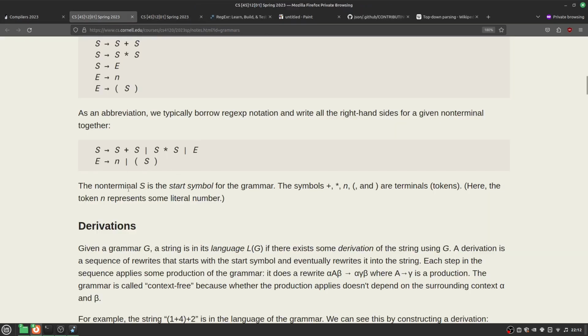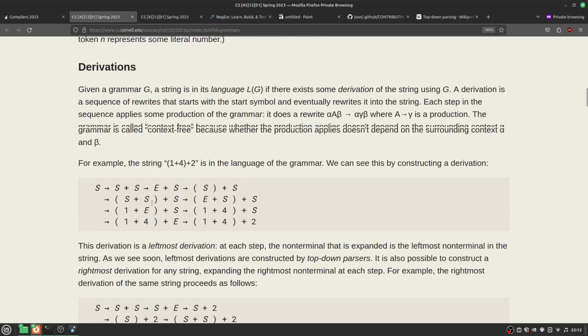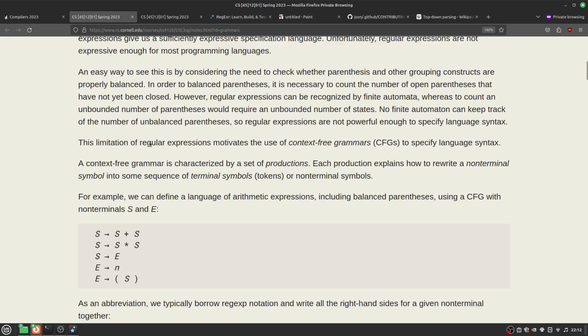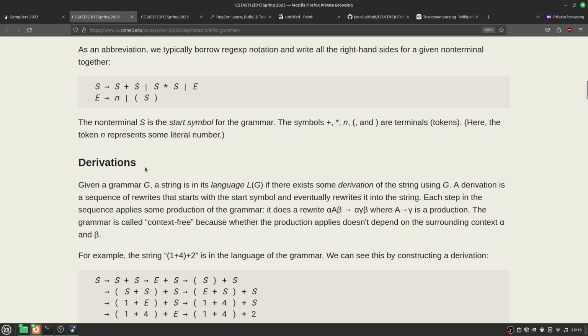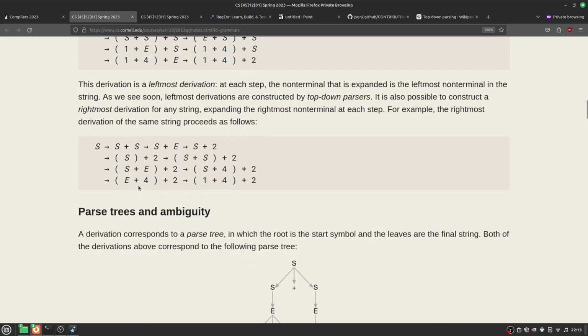So instead of starting at the highest level of abstraction, we start down here with our actual string, then we attempt to match non-terminals that encompass the terminals, essentially. So here we find E, which can represent an integer literal, and then we keep doing that.